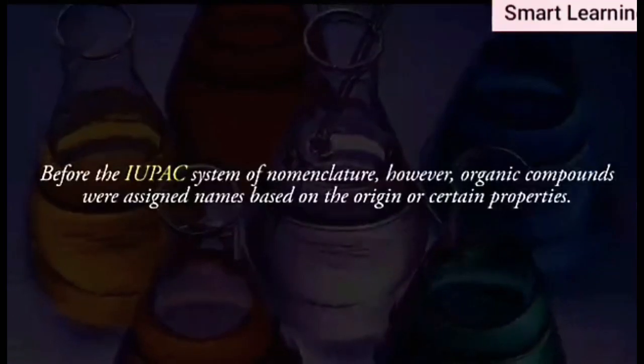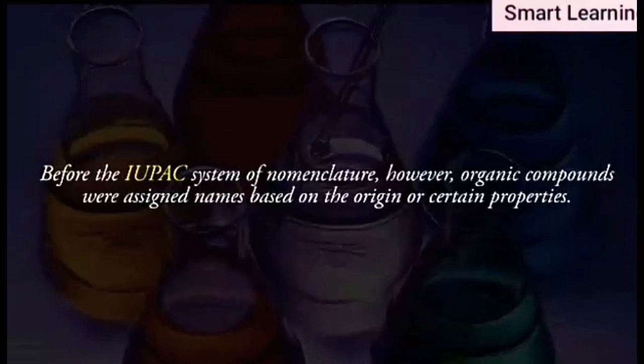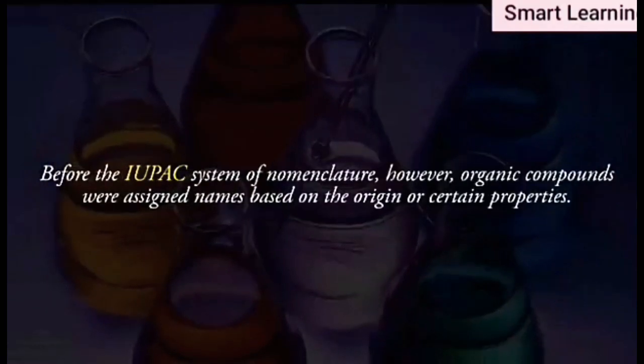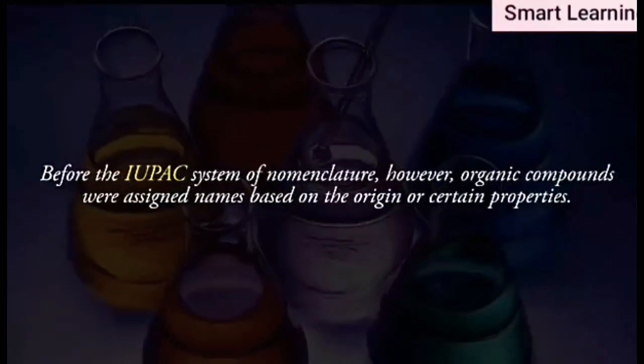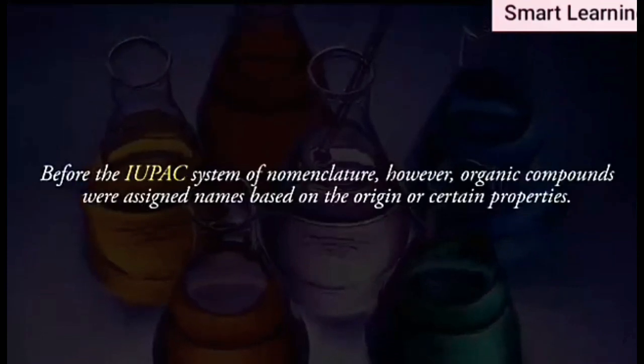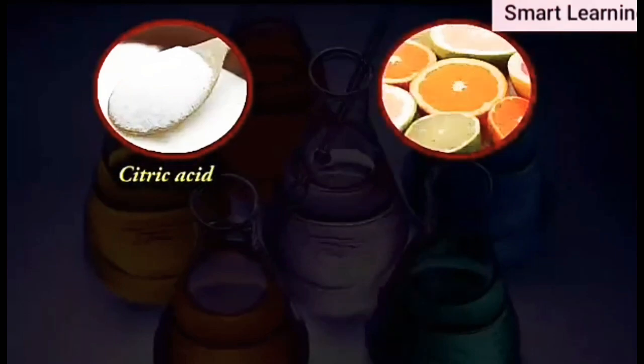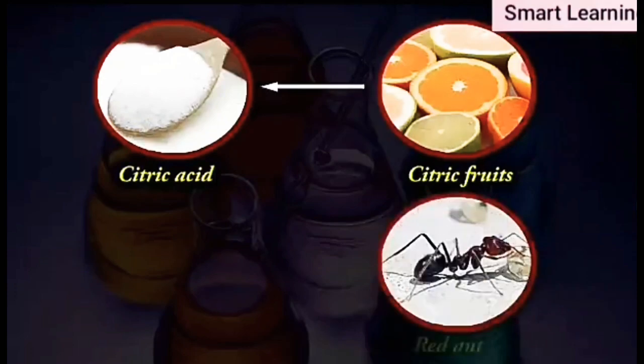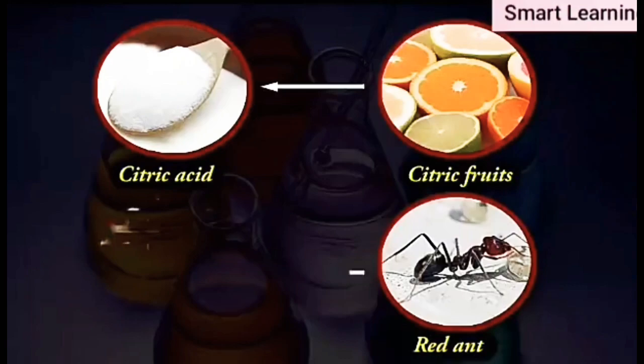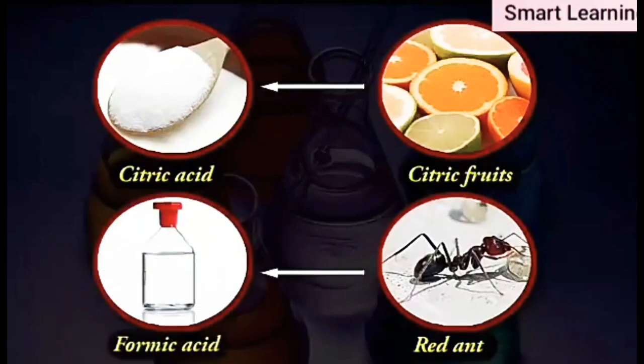Before the IUPAC system of nomenclature, however, organic compounds were assigned names based on the origin or certain properties. For instance, citric acid is named so because it is found in citrus fruits, and the acid found in red ant is named formic acid, since the Latin word for ant is formica.